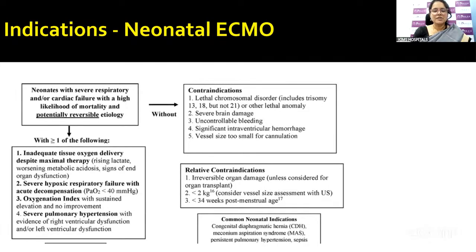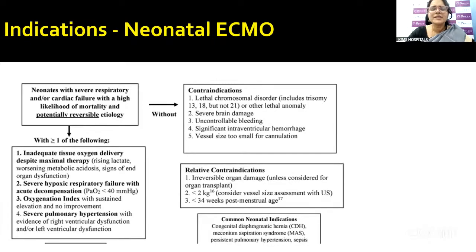But again, as we discussed, the contraindications would include irreversible organ dysfunction or organ damage, and babies who are very small, as of now, less than 34 weeks of postmenstrual age or less than 2000 grams weight, would become technically relative contraindications because of difficulties and challenges in cannulation and other challenges, especially with anticoagulation, which can become a risk factor for bleeds in these babies.